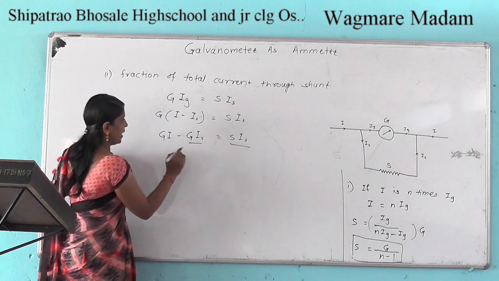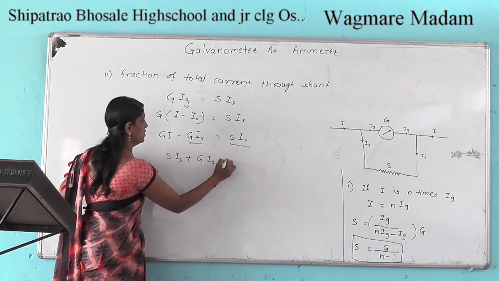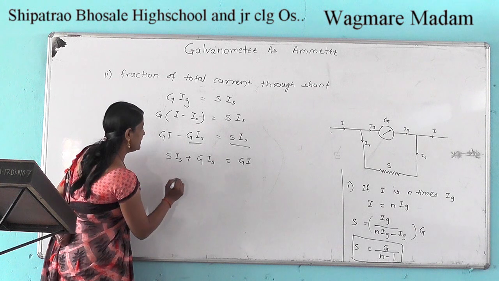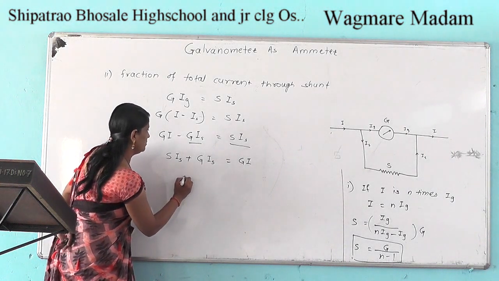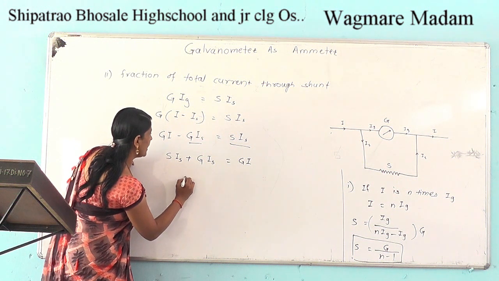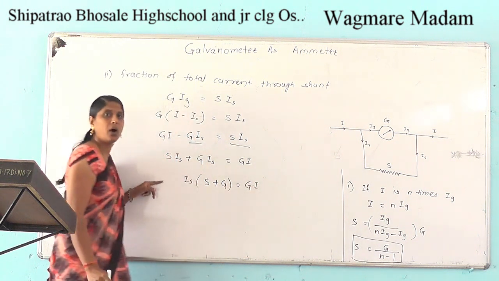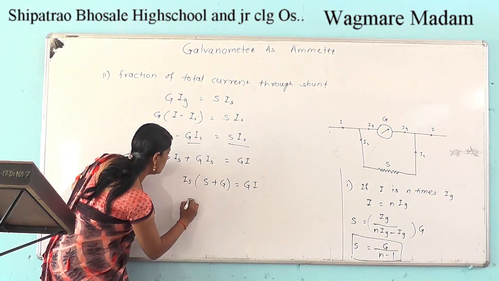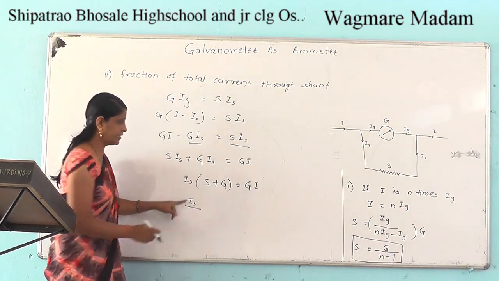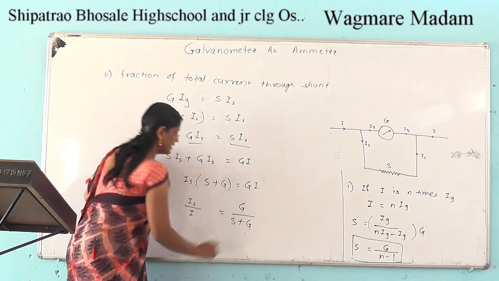Then take it to one side: Is into S plus G is equal to G into I. Now we have to find the fraction of total current through the shunt, that is Is upon I is equal to G upon S plus G.